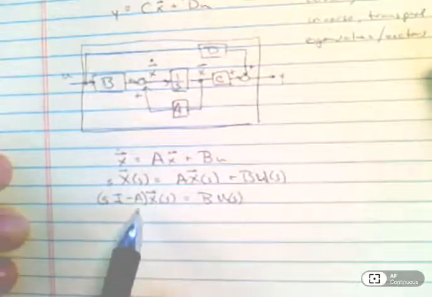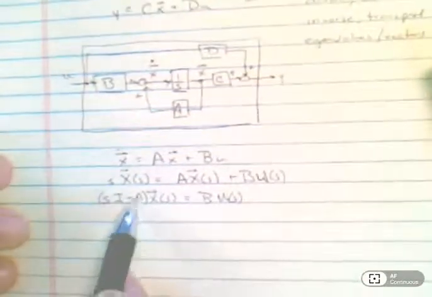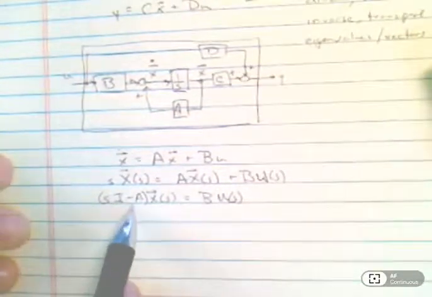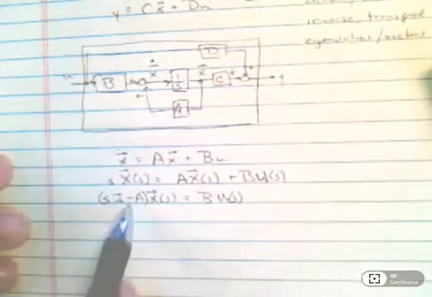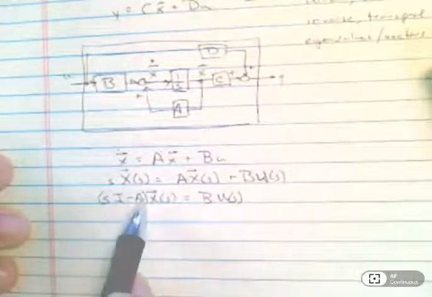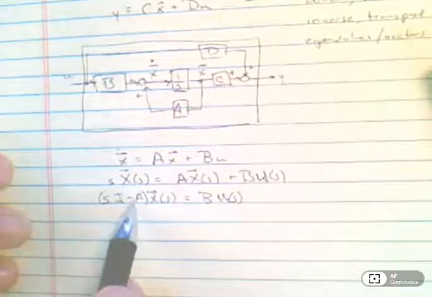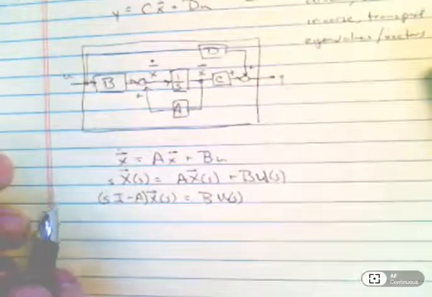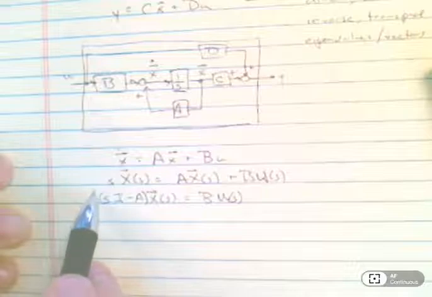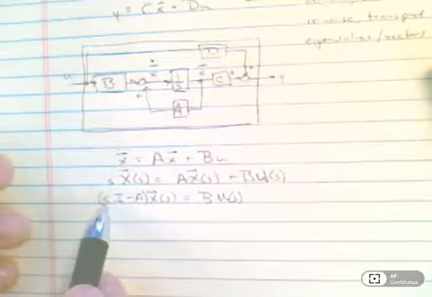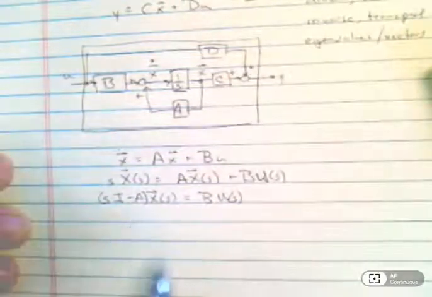But to do that, I would really like to divide both sides by this. But this is going to wind up being a matrix. sI is a matrix minus the A matrix. That'll be some net matrix. And I can't divide by a matrix. But what I can do is pre-multiply by (sI minus A) inverse. So when I have that term times this term, I'll get the identity matrix and it'll effectively go away.